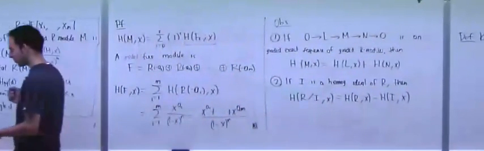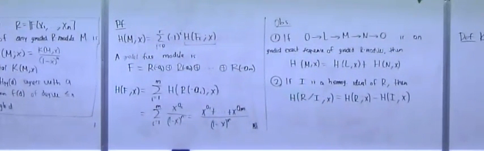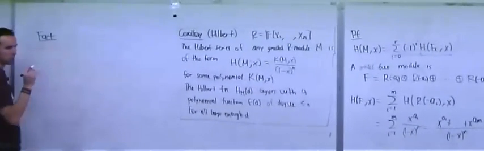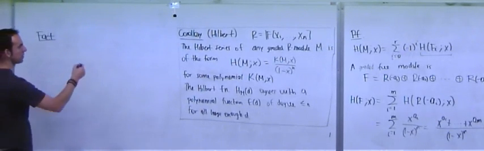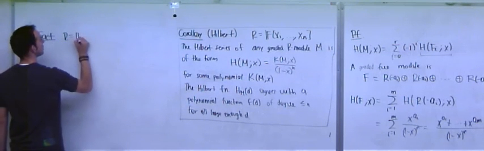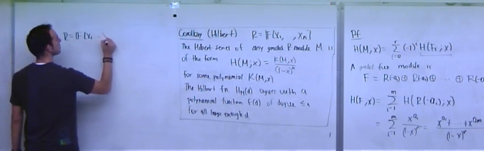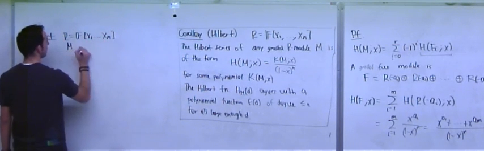But I want to address this point, which is an important one also. Let's say that you have a graded module M over R. Okay, so R is this guy, and M is a graded module.